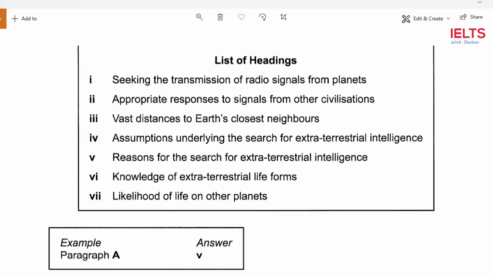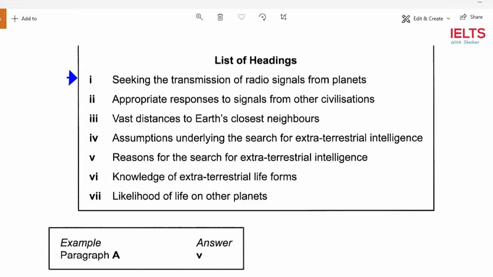As you can see in front of you, we have the first type of the techniques, which is headings, and you can see here in the headings we have the numbers, which are Roman numbers.